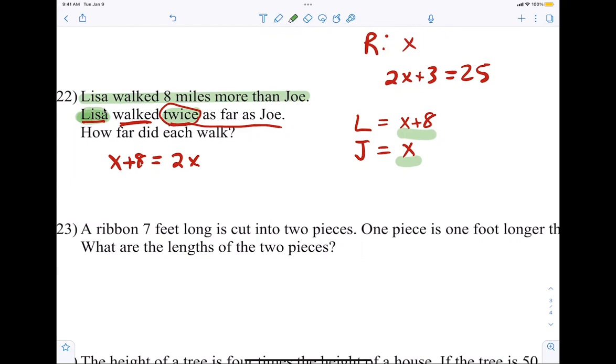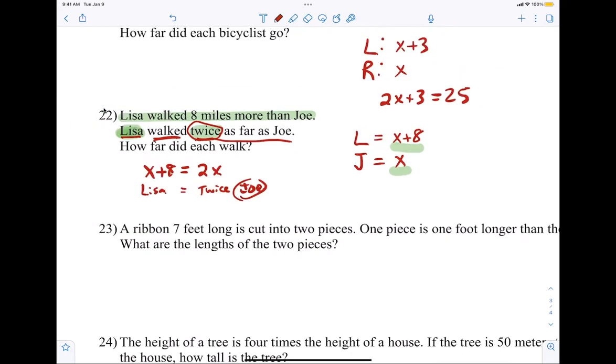X plus 8. So this is Lisa. Walked twice as far as Joe. So in order for them to be equal, Lisa has to multiply Joe by 2. Oh, so X plus 8 equals 2x, Joe. Yep.